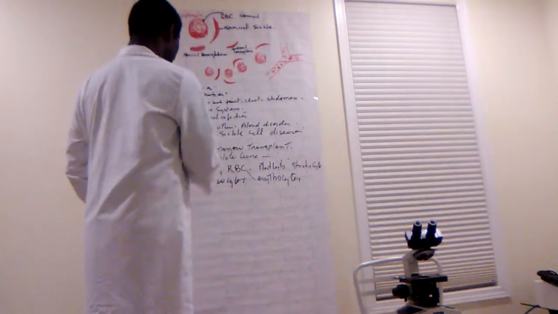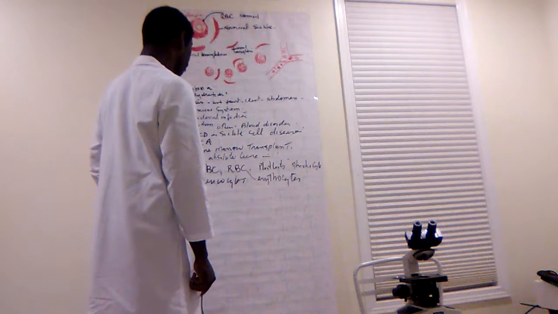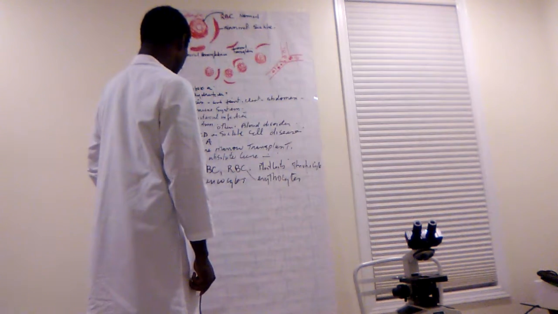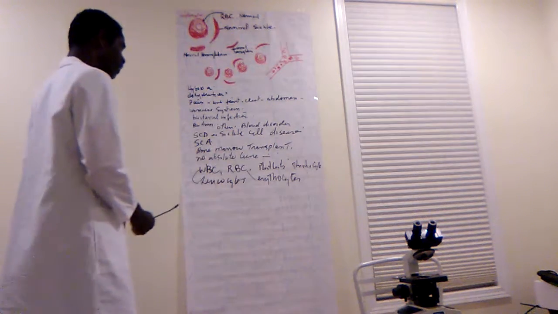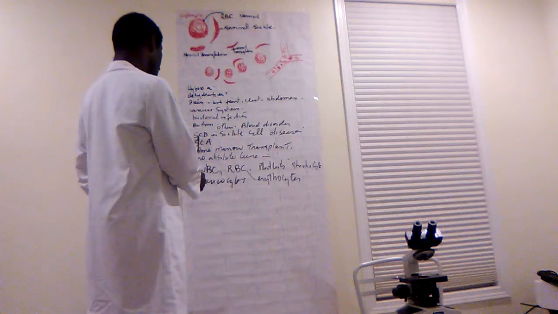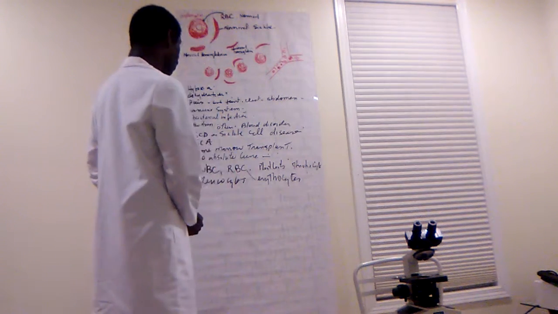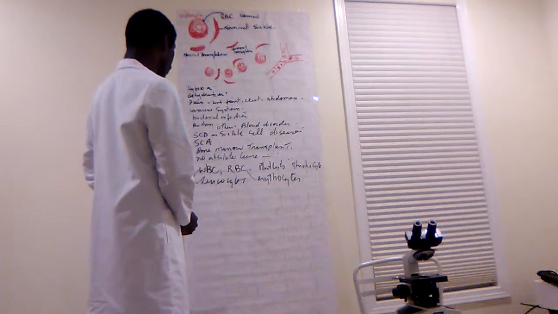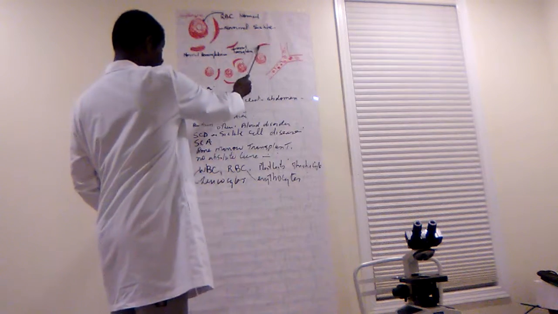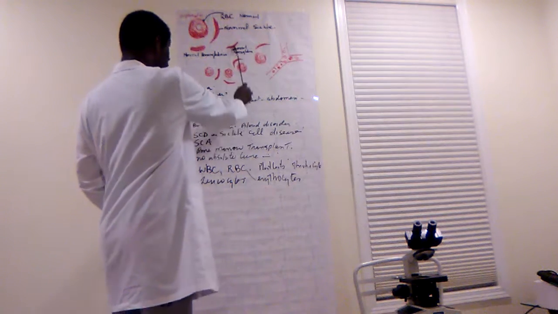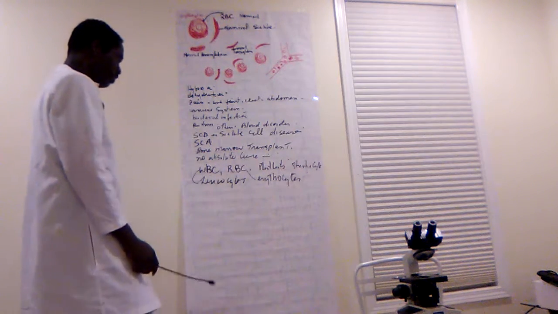It could lead to bacterial infection and other complications. And once again, bone marrow transplant is one of the cures for sickle cell anemia, along with removal of the sickle cells from the blood and normal blood pumped back into the bloodstream of the person with sickle cell anemia.